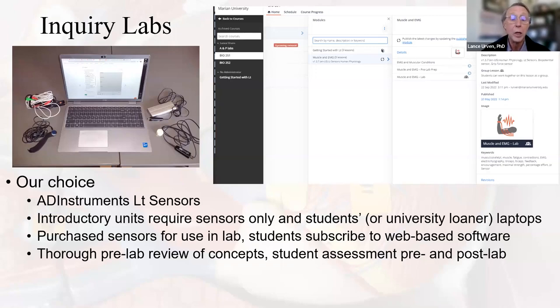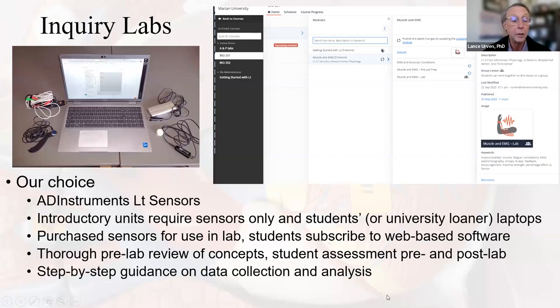It also includes regular, routine, frequent student assessment, both in the pre-lab material, the post-lab material, and even while collecting the data. They will occasionally throw in questions to check the understanding. And those questions can either be strictly for the student's self-learning, or they can be for grading too. You can choose whether points are assigned or not, and whether you grade it or not.